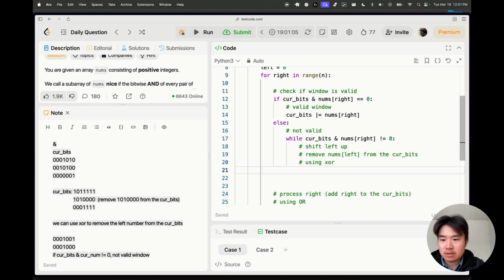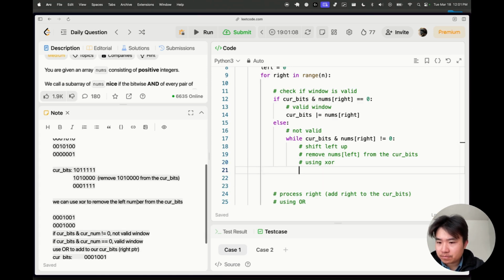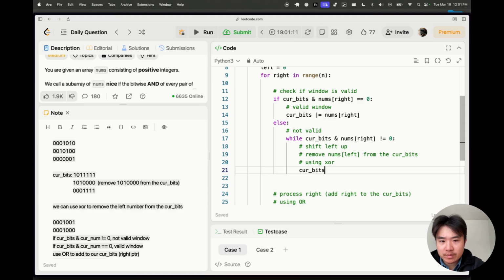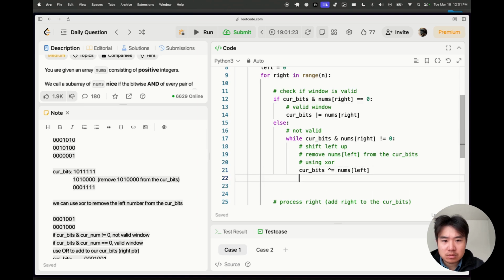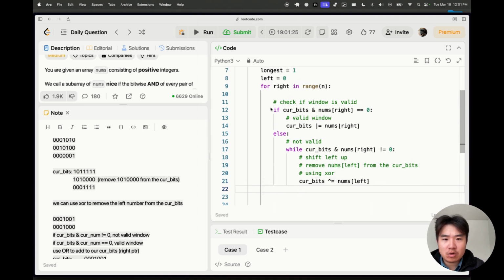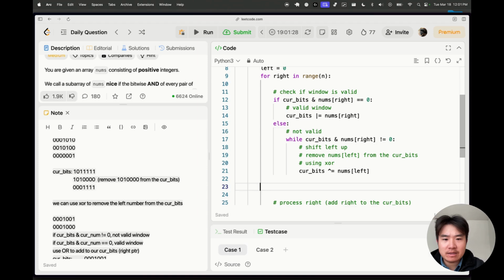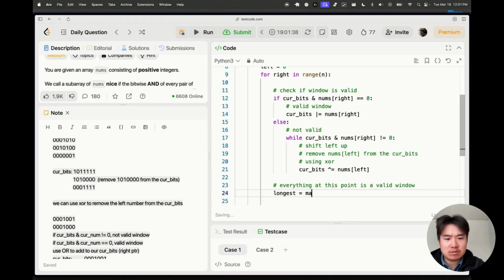So cur bits XOR with nums at left. After all of this, we're guaranteed that everything at this point is a valid window. So we could say longest is equal to max of longest, or right minus left plus 1.